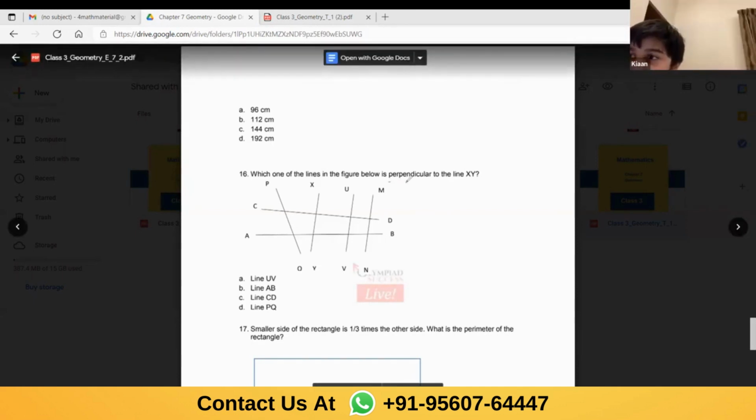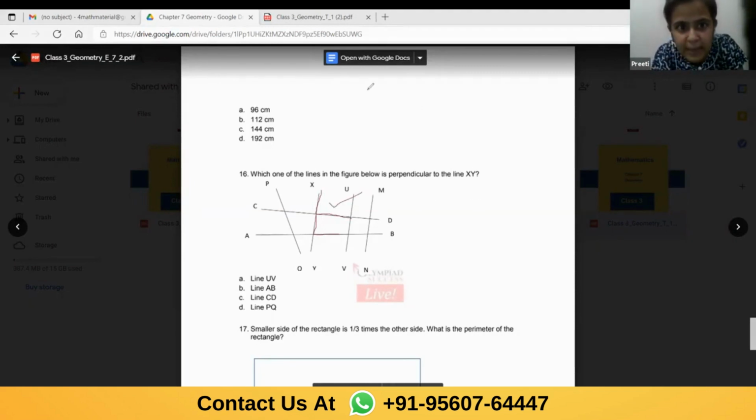I didn't understand. Child, perpendicular means exact L. If you will look at this, sorry, I made a straight line. If you look at this one and if you look at this one, then the first one is exact L. See, it is like this.